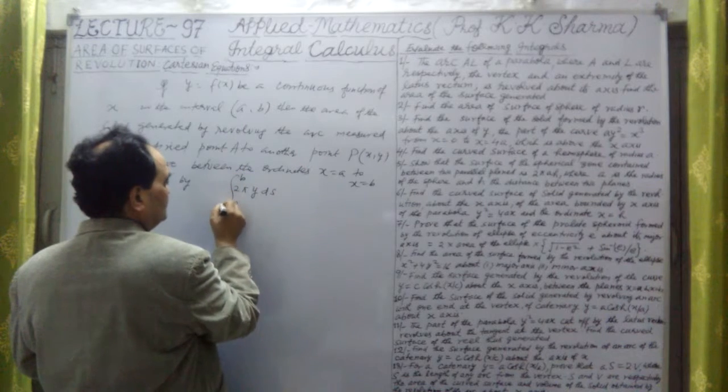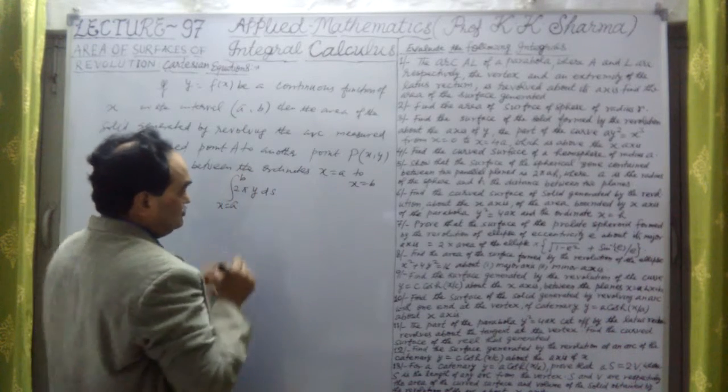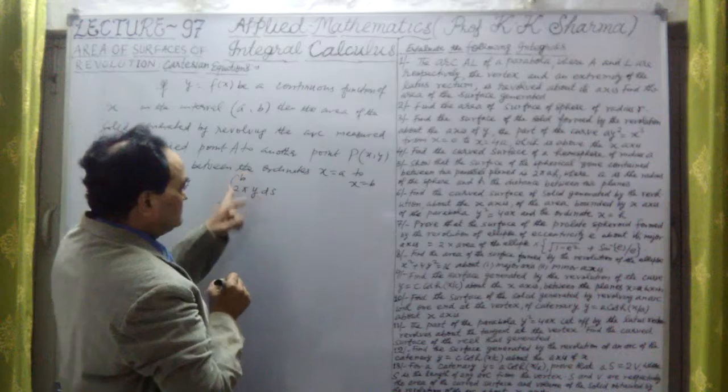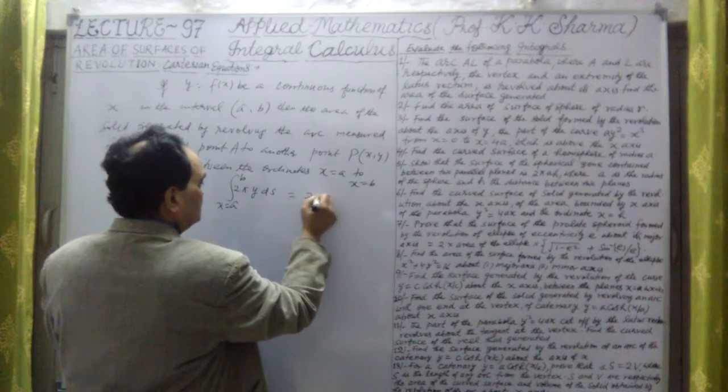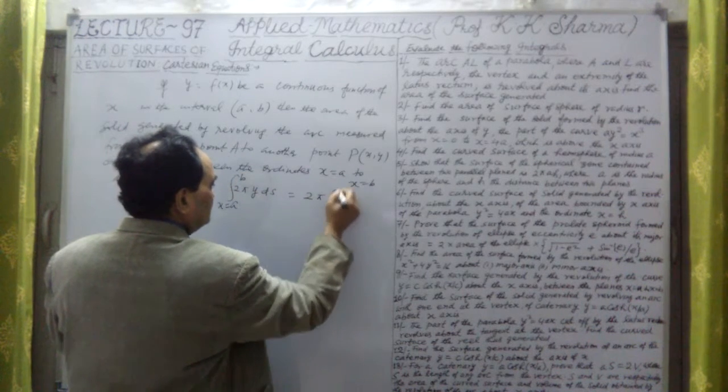Here x equal to a to x equal to b are the limits, or it can be written as twice pi integral from a to b of y ds.